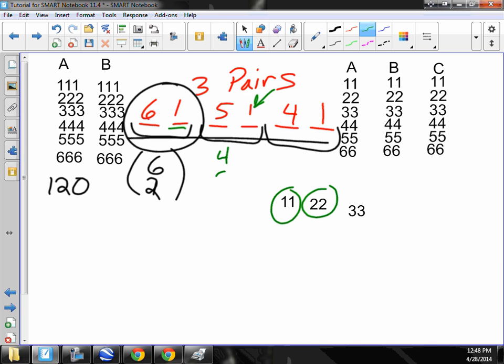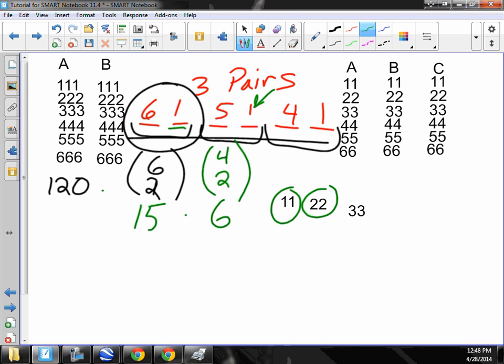And what about the 3s? They're already decided. And because they're the same, it doesn't matter which one goes in which place. Okay, so 6 choose 2, I believe, is 15. And 4 choose 2 is 6. So 120 times 15 times 6.